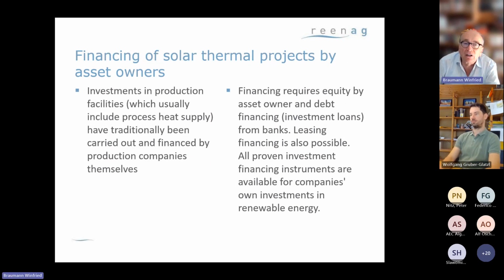Let's start with the case of investments by the asset owners, own investments in its own production plants. Well, generally speaking, investments in production facilities, which usually include process heat supplies or the gas boiler, whatever, have traditionally been carried out and financed by production companies themselves.